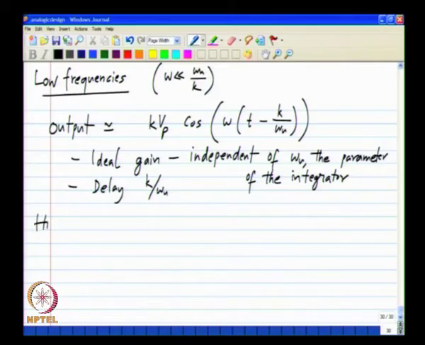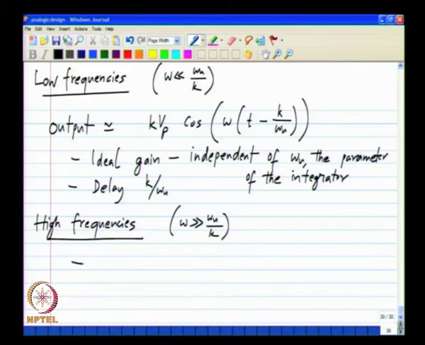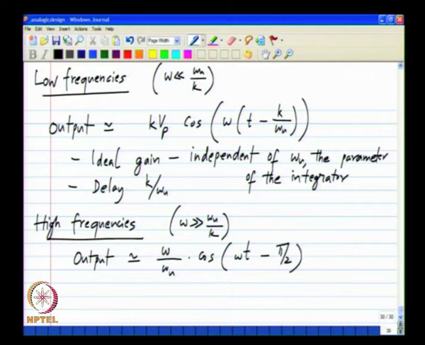And for high frequencies, now gain is not dependent on k. So, the output is given by the gain omega u by omega, and the output is out of phase with the input.